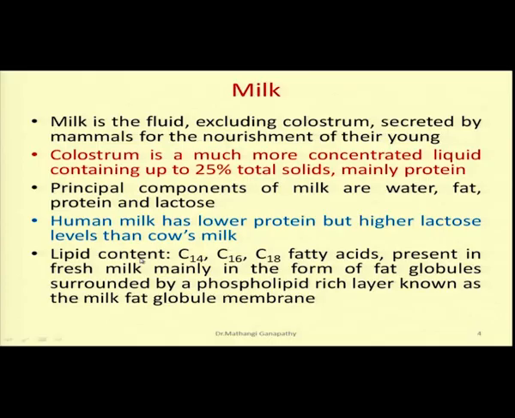And generally, the lipid content is comprised of C14, C16 and C18 fatty acids, mainly in the form of fat globules which are surrounded by a phospholipid rich layer, and this is called the milk fat globule membrane. The basic milk protein is called casein, and there are 5 main classes of caseins, and these caseins will aggregate together with calcium phosphate in milk to form colloidal particles.